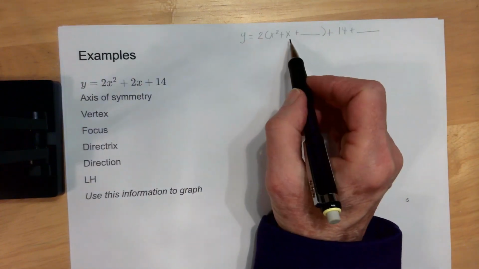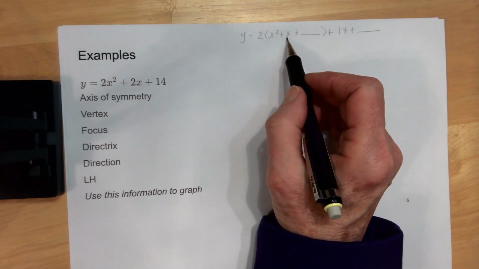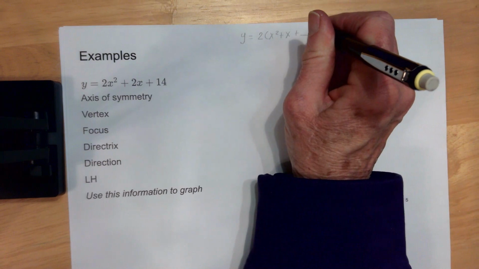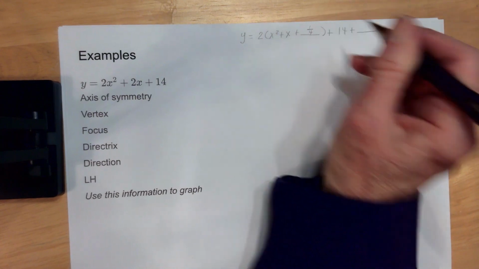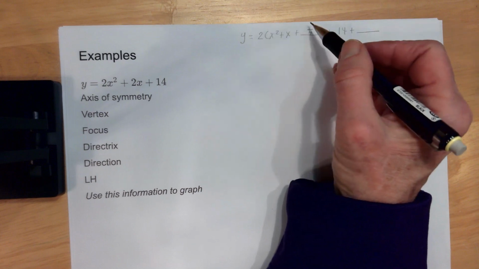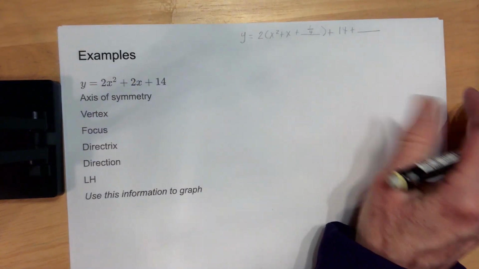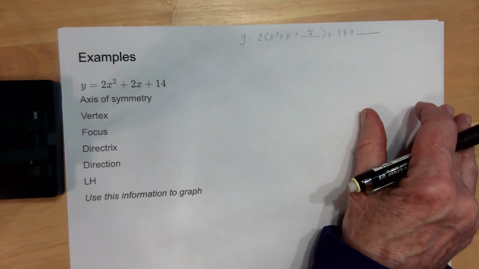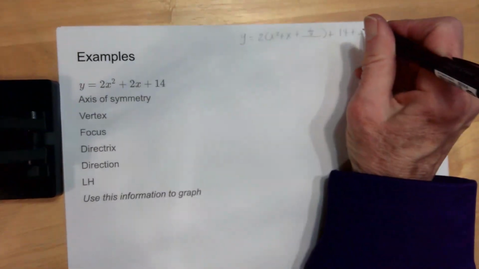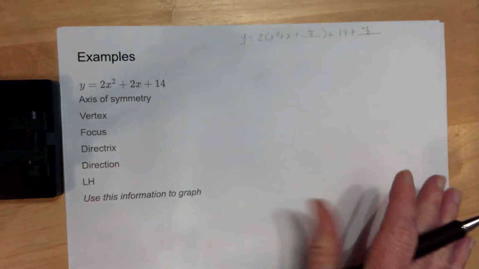So I factored out the 2. So I take half of 1. Half of 1 is 1/2. When I square it, I get 1/4. I haven't technically added 1/4. I've added 2 times 1/4, or I've added 1/2. Well, if I've added a positive 1/2, I want to add a negative 1/2 here to make it equal.